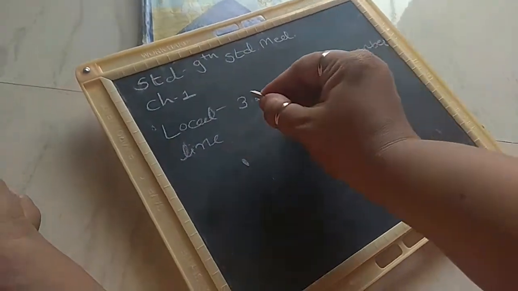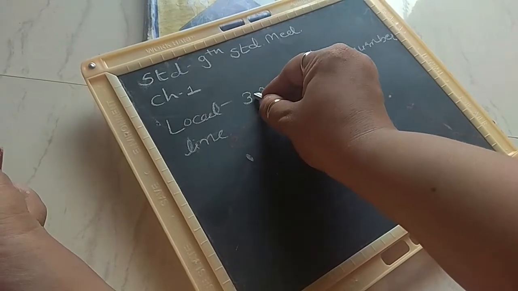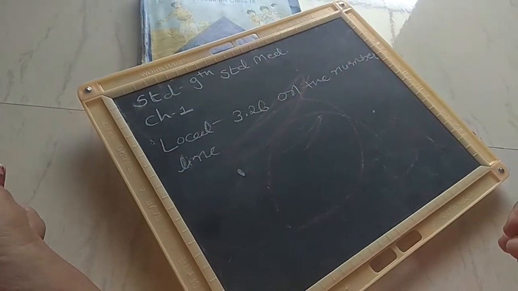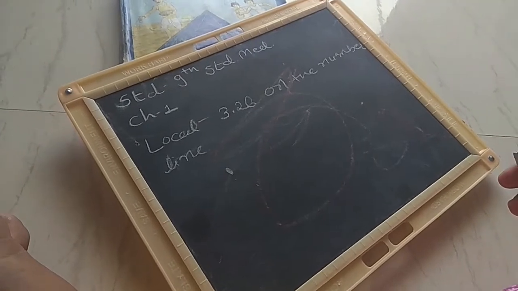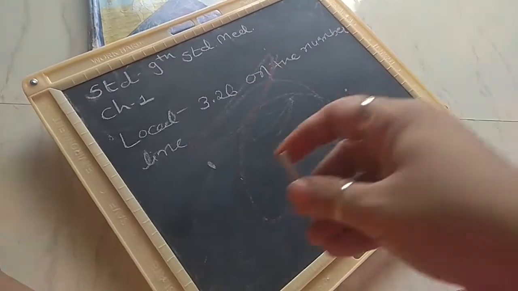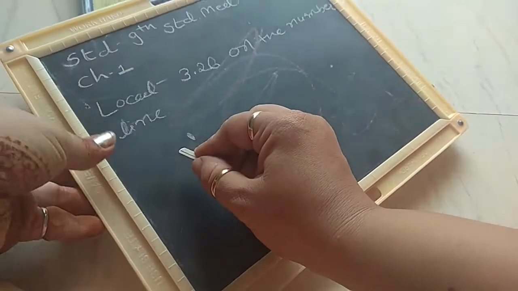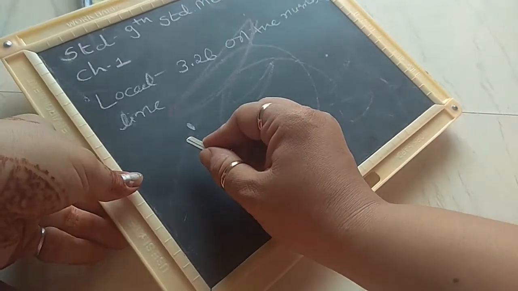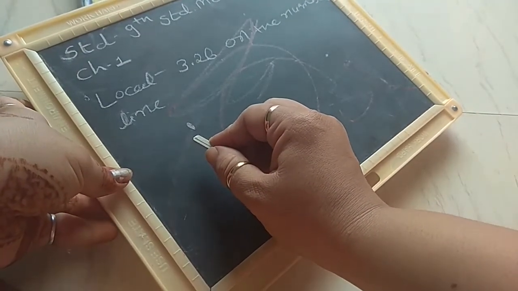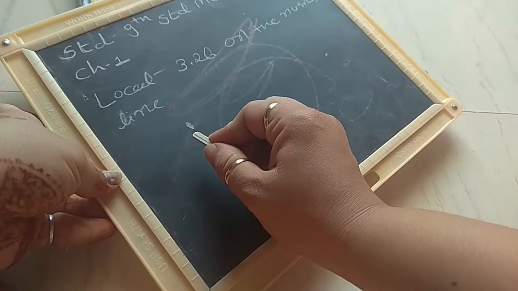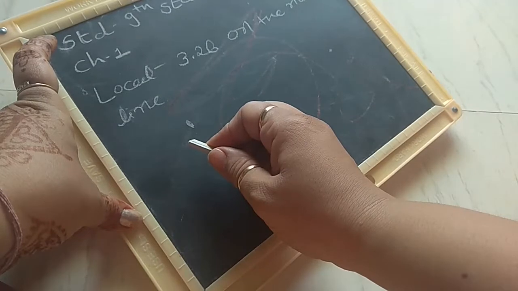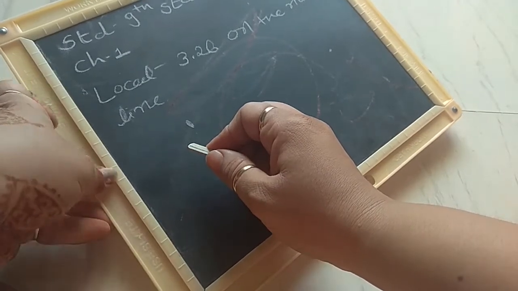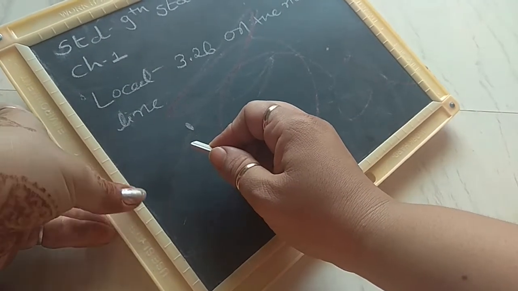If I ask the question that locate 3.26 on the number line, what will you do? This I already explained in previous session 2, rational numbers. If you want to see that video, I will share the same link again in your group and you can refer to it again and then you can see this example so you can give the answer.